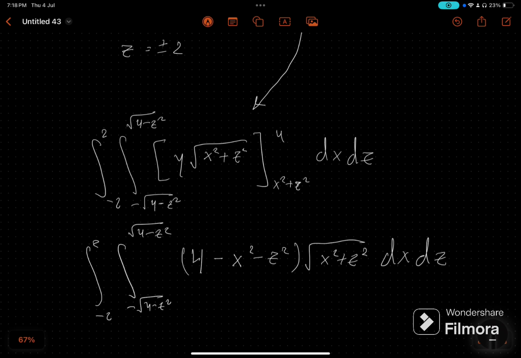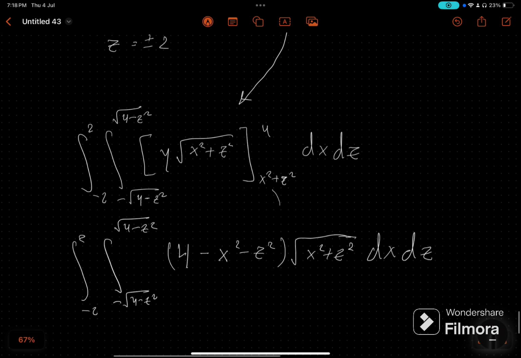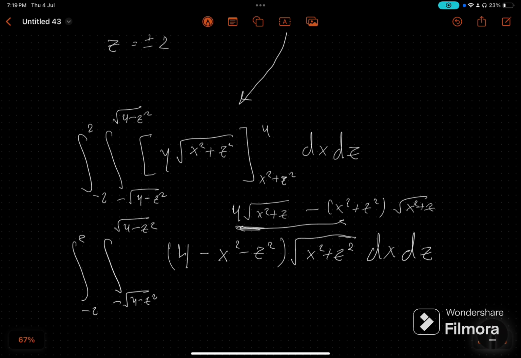How did we do this? If we substitute in these values, we're gonna have 4 times the square root of x squared plus z squared minus x squared plus z squared times the square root of x squared plus z squared. So taking a common factor, we have 4 minus x squared plus z squared. So this is what we got.